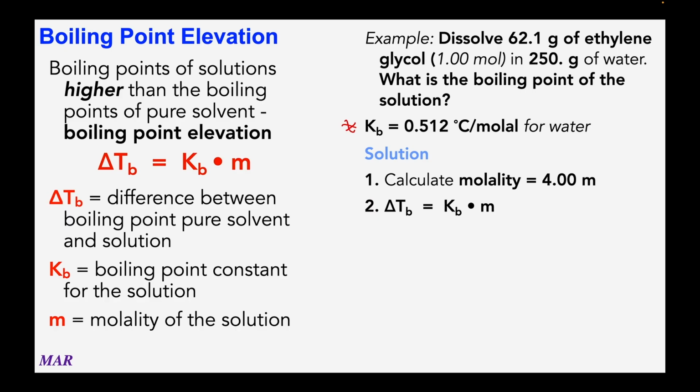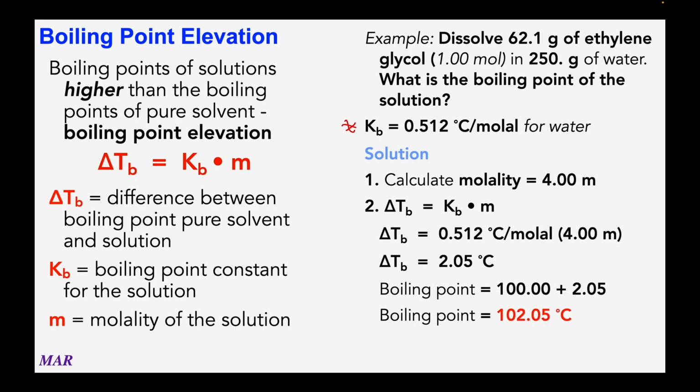We calculated this earlier, no big deal, but just a good refresher. And we need this value because delta T, the change in the boiling point temperature, equals that weird K constant times m. So when you calculate it, 0.512 times 4.00, delta T is 2.05 degrees Celsius.